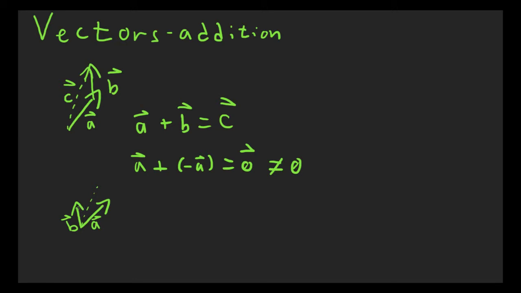So all you have to do for that is make a sort of path to make a parallelogram, and this should have the same magnitude as B, and this the same as A. And this in the middle here will be vector C. Right, so once again you can say that vector A plus vector B equals vector C.